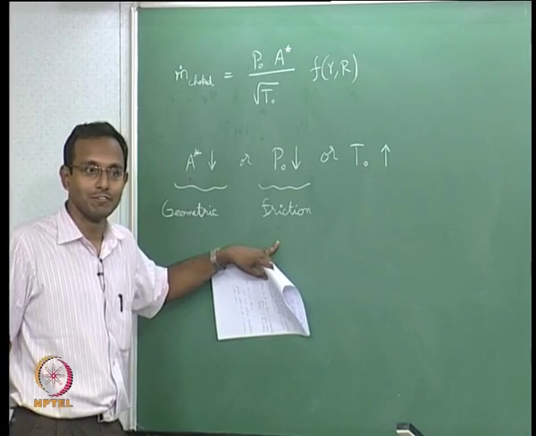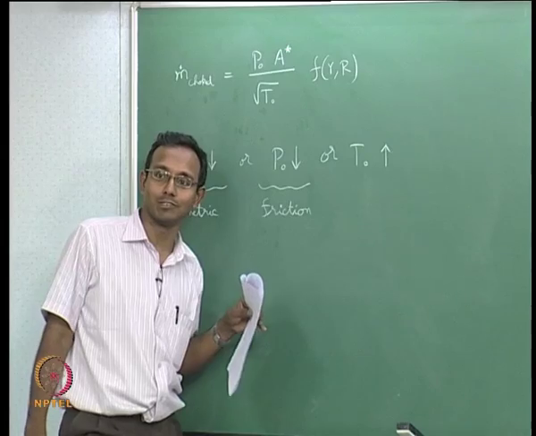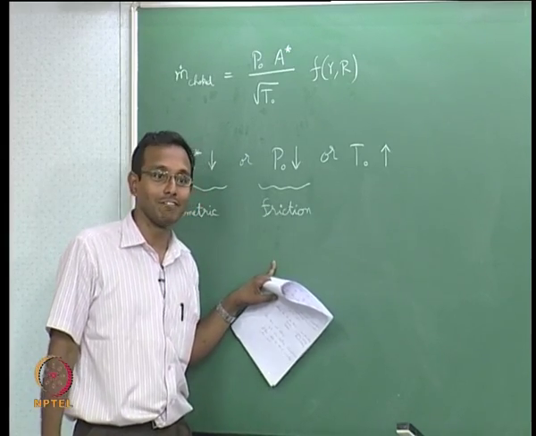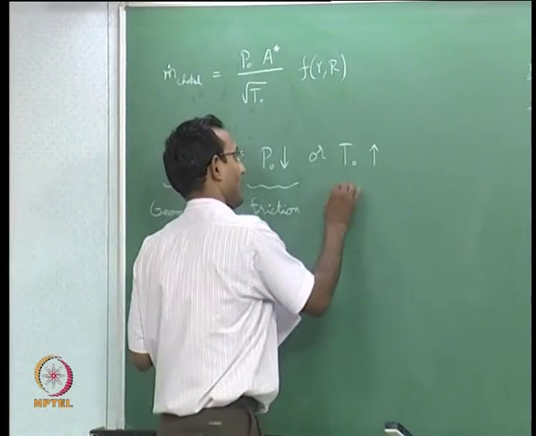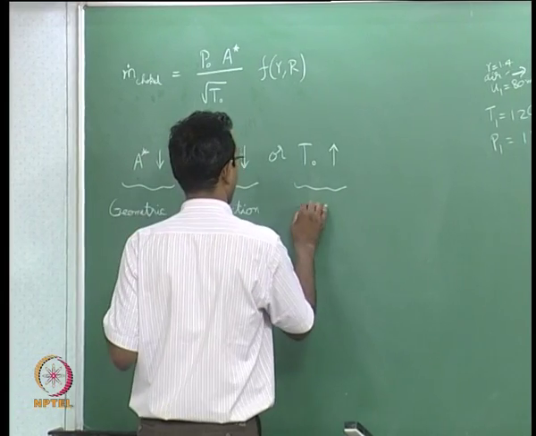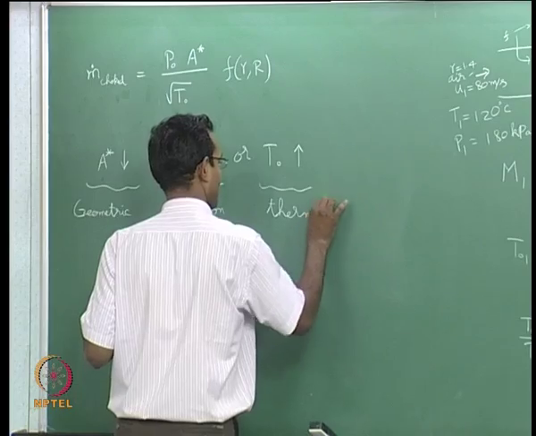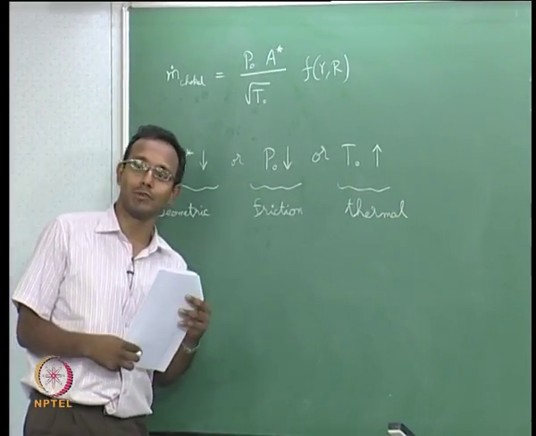If I have different gases, they are mixing, or I have suddenly something evaporating and so flow energy decreases, those all get into this area. I can have condensation, evaporation, those kind of things can come in this area. Or I can have here, this is your thermal choking. I can have geometric choking, friction choking, or thermal choking.